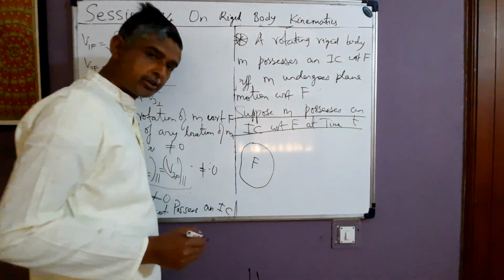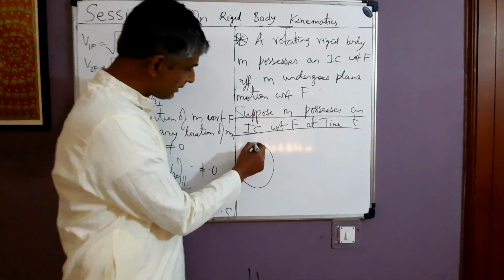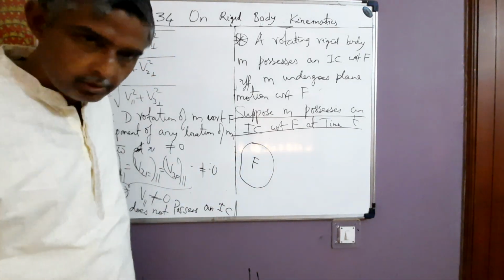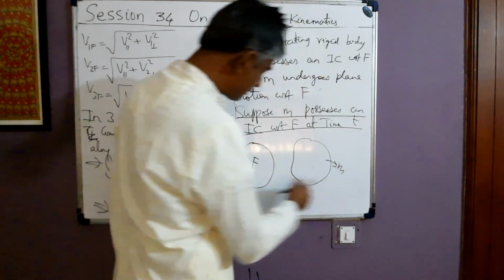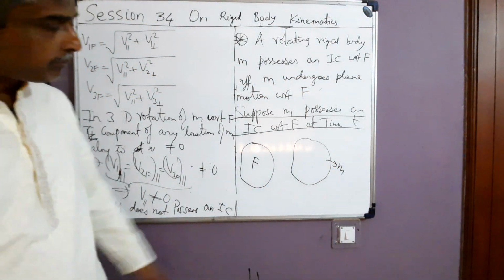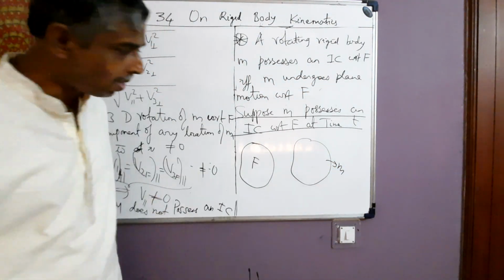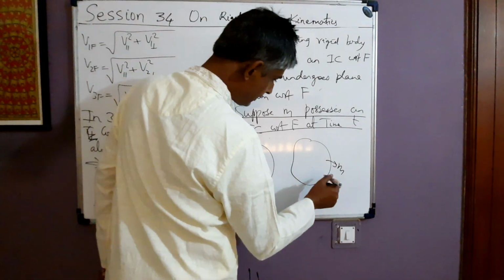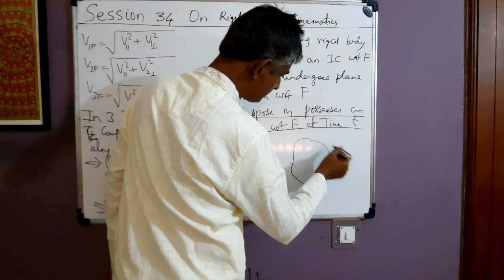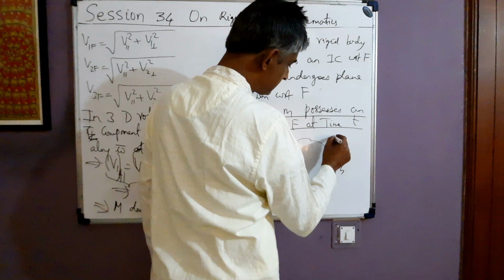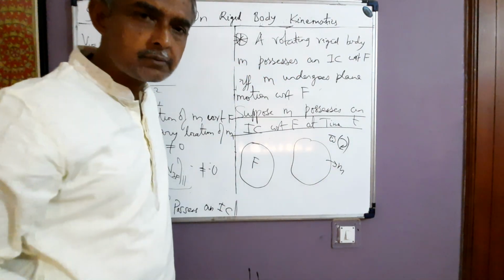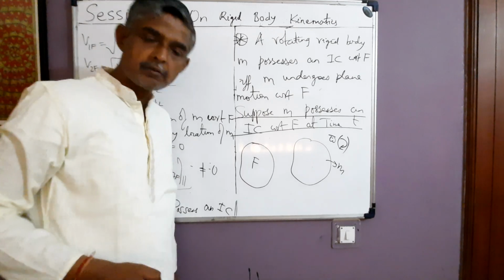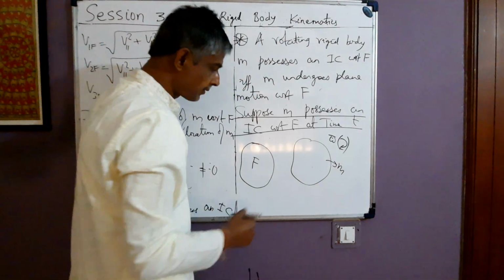This is the reference frame f. This is a rigid body M, which is in plane motion with respect to f. Suppose omega is the angular velocity of the body with respect to f, assumed to be clockwise for the sake of explanation.